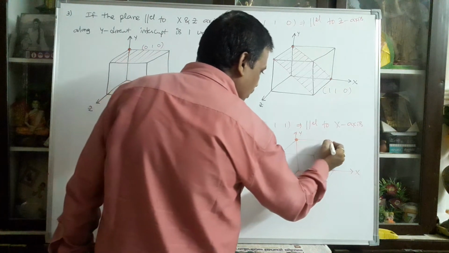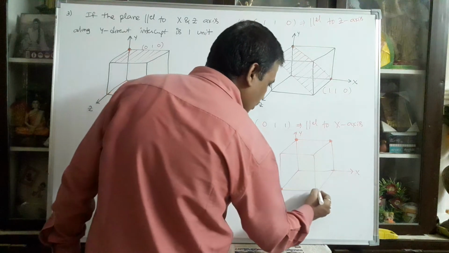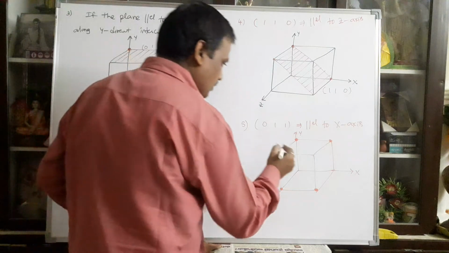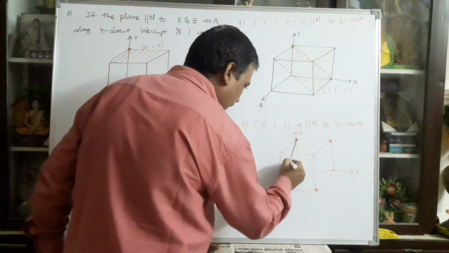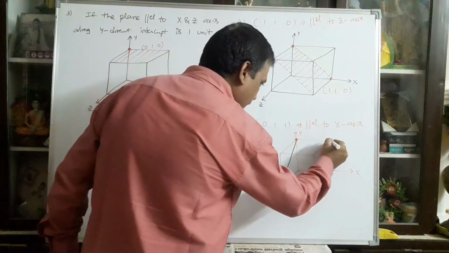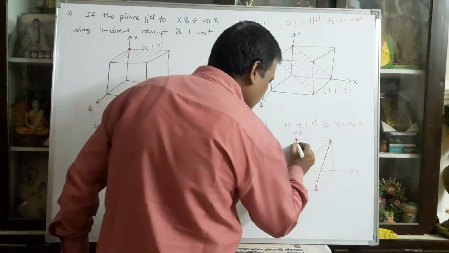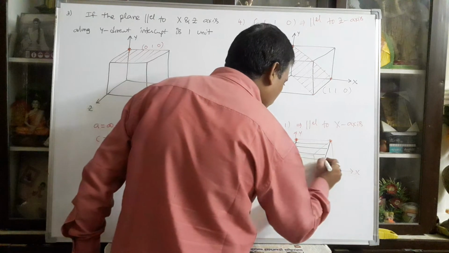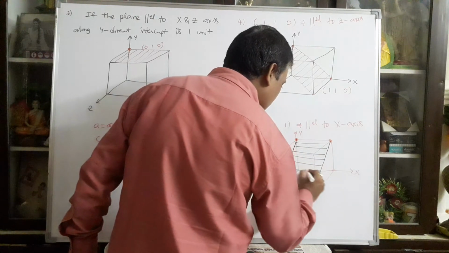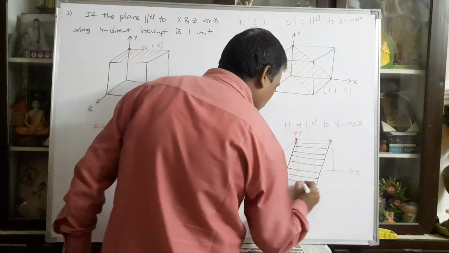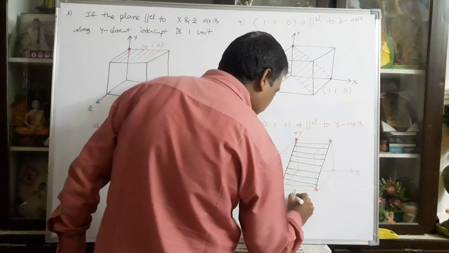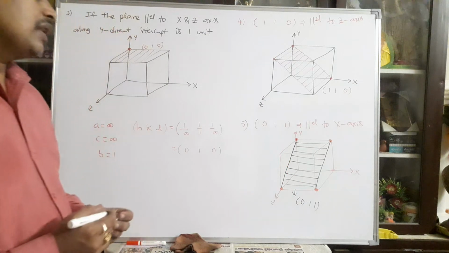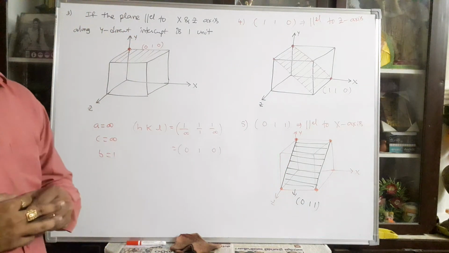In a similar way, this point and this point. You can draw the plane based on these 4 points. This plane is parallel to which axis? Particularly x axis. This plane's Miller indices are 0, 1, 1. The 0, 1, 1 plane is parallel to x axis.